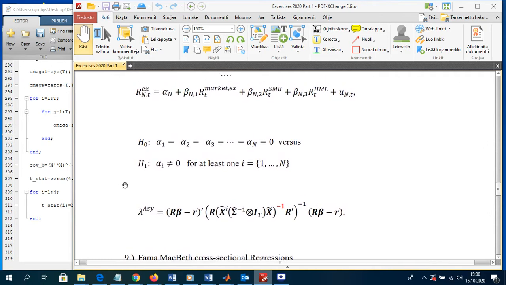Then we discussed the test statistic, how it looks like. It has this form. It looks quite fancy, right? And on the whiteboard, we then derived each single component that is an ingredient in this formula. And on the whiteboard, there was a small typo. There was one inverse sign missing.